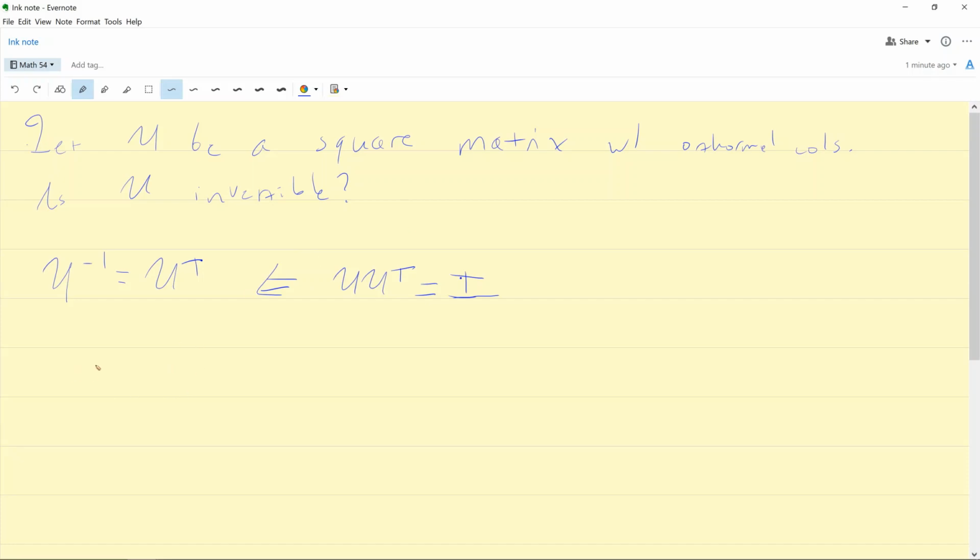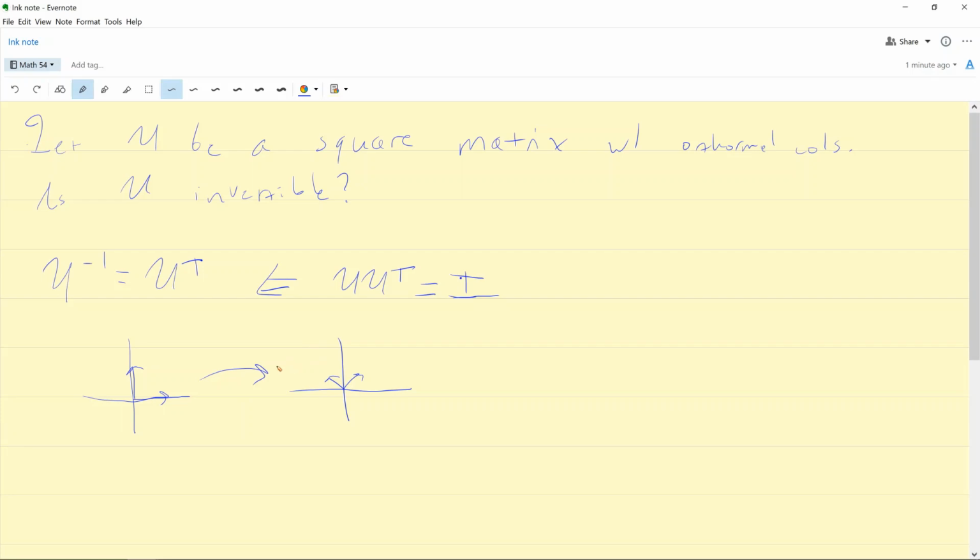Let's think about this intuitively. If we have a linear transformation whose columns are orthonormal vectors, the column vectors will look something like this here, and we're sending our basis vectors to that. So this is a rotation, and if you're rotating some amount of degrees counterclockwise, rotating that same amount clockwise is the inverse.